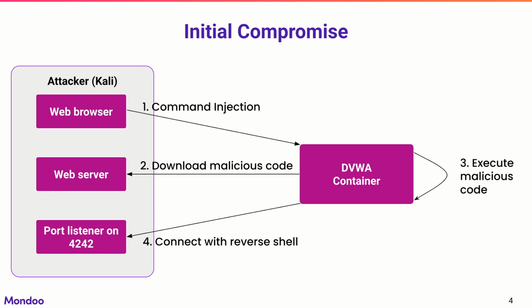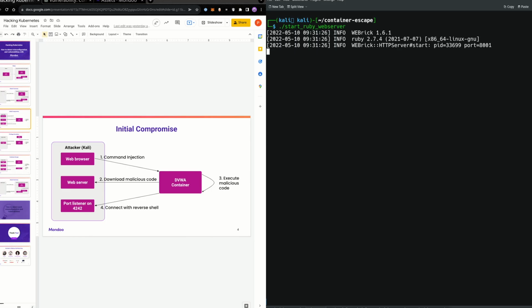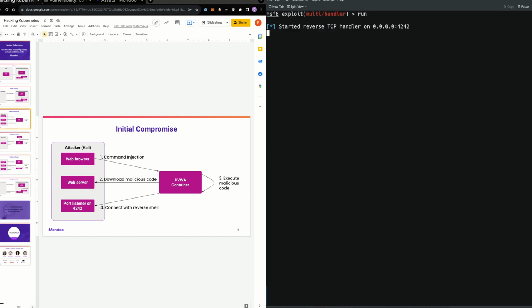Then the execution of the malicious code establishes a shell connection from the container to the attacker's machine. This console is the web server that is running on the attacker's machine. This console is the port listener that is also running on the attacker's machine to listen for the incoming connection from the container.